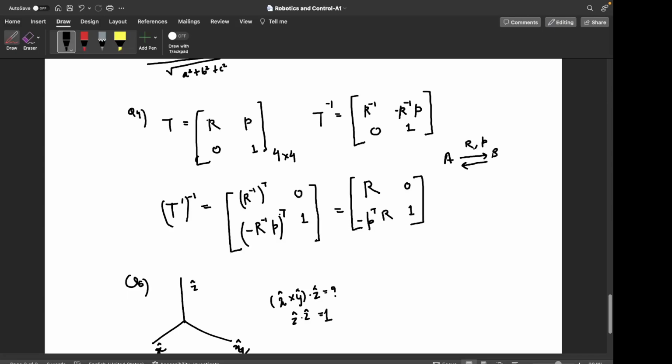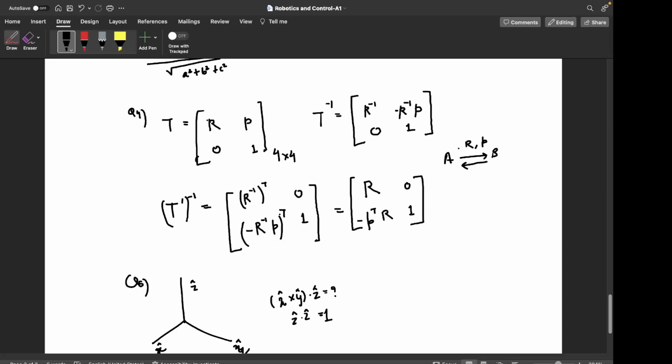First the rotation part: if you rotated from A to B using R, then you can rotate from B to A using R inverse, right? So that part is straightforward. The transformation had rotation matrix R, so the inverse transformation will have rotation matrix R inverse. Now the slightly trickier part is what to do with this P, how to invert this one.